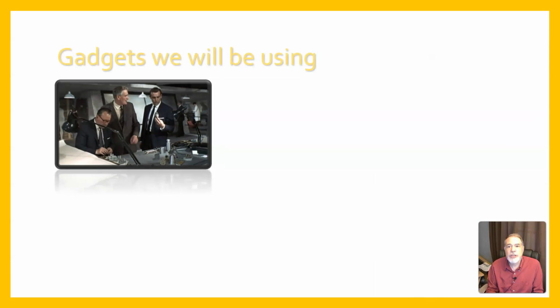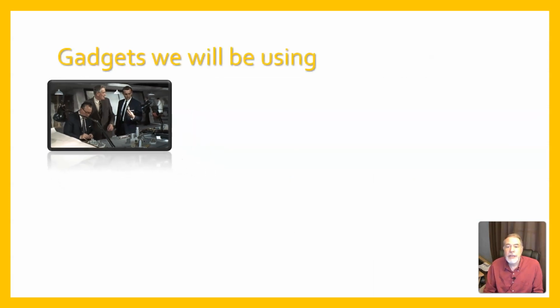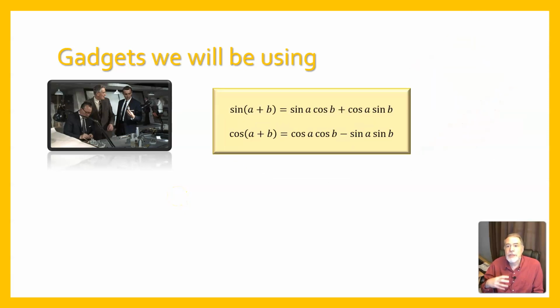So the gadgets that we're going to be using in the proof that I'm going to show you are as follows. First, we will need these trigonometric identities for the sine or the cosine of a sum of two things. If you've taken a trigonometry class, you probably saw a bunch of trigonometric identities, including these.